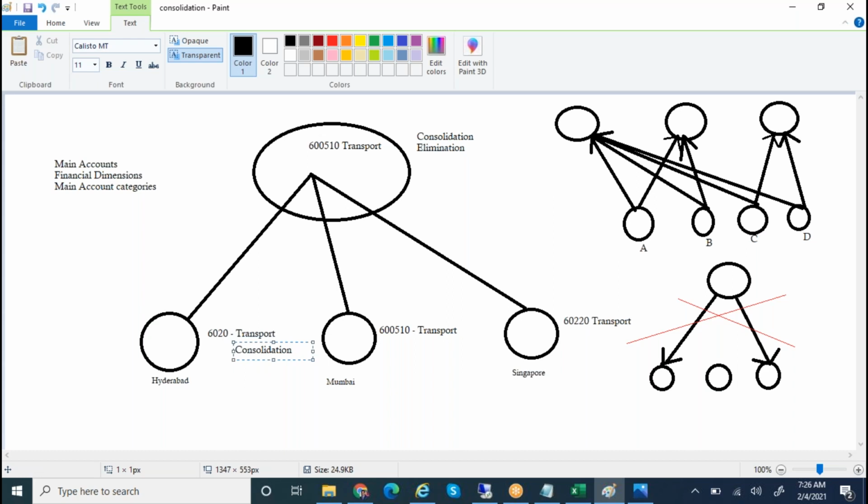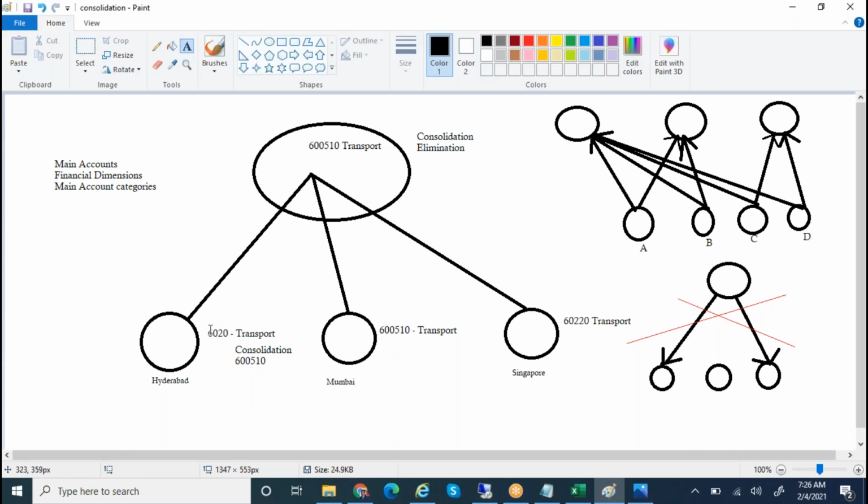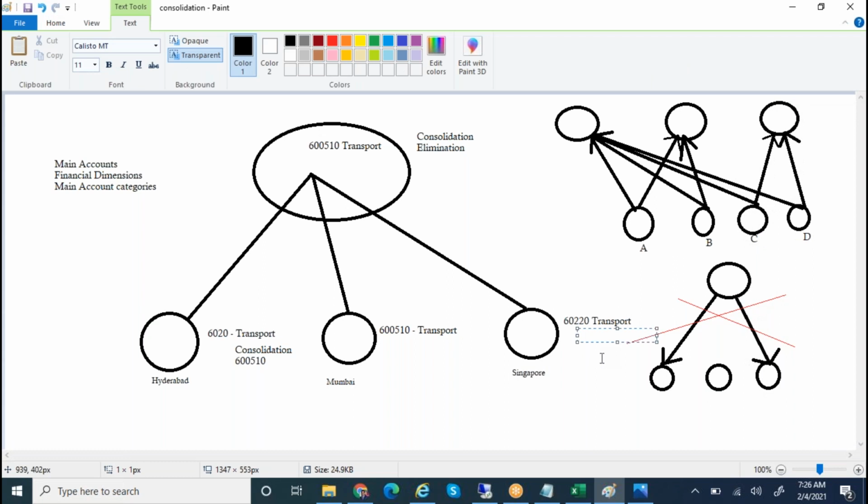There you can map 600510. Within this account you are mapping here, and in the same manner here we are mapping consolidation 600500.